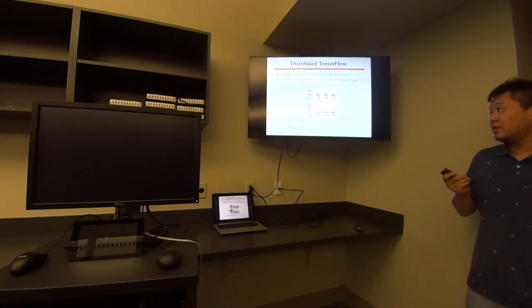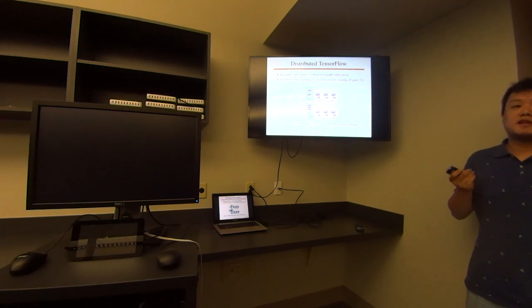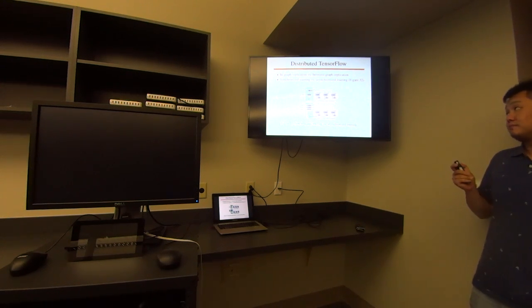What we've chosen here is data parallelism instead of model parallelism, because the Raspberry Pi is powerful enough to fit one simple model in one node in the cluster.